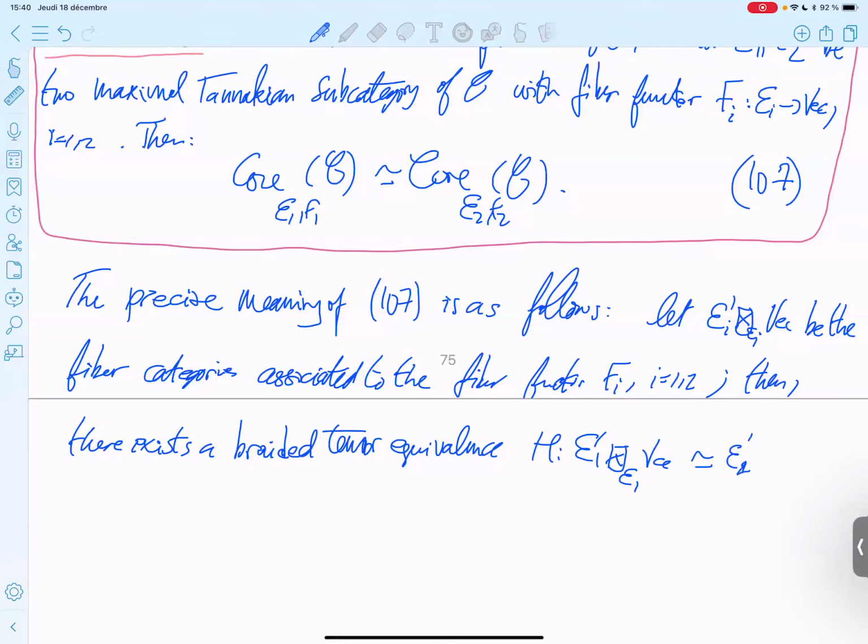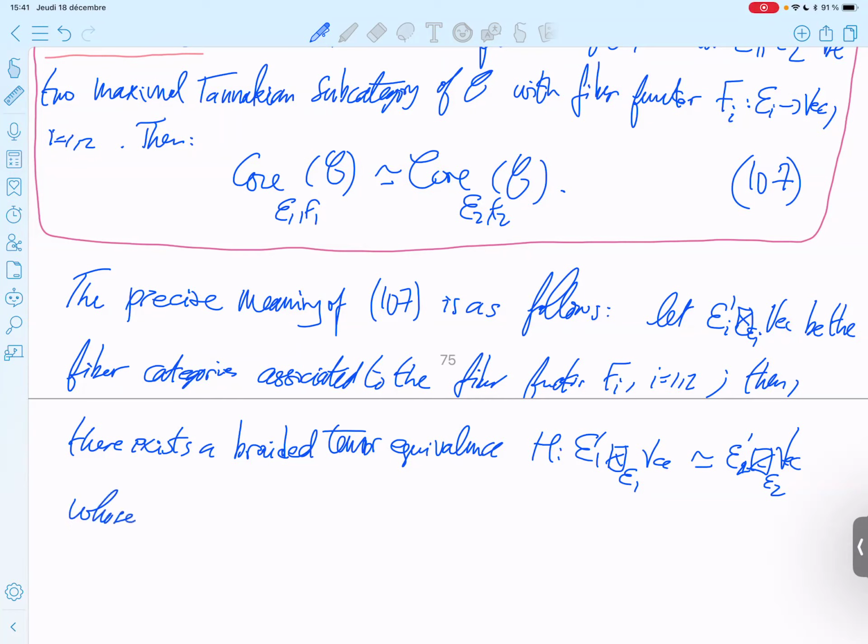Not only that, this braided tensor equivalence should induce a group isomorphism between the groups of braided autoequivalences, mapping the group of the first pair to the group of the second pair of the core.